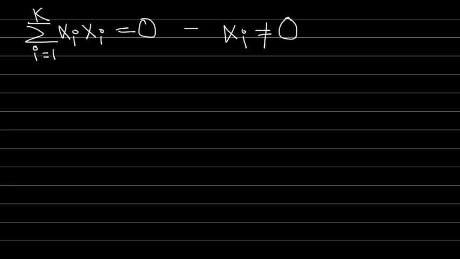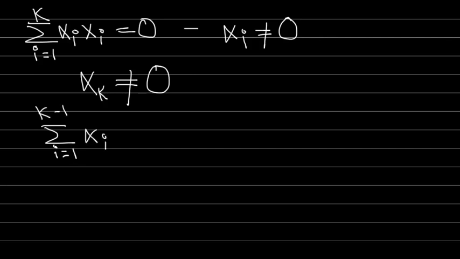This means that alpha k itself has to be non-zero. Otherwise, if that was not true, then we would have summation i is equal to 1 up to k minus 1 of alpha i xi is equal to 0, and that would imply that alpha i is non-zero.